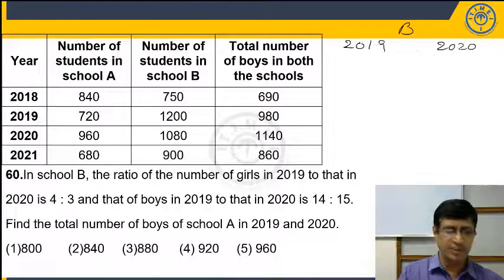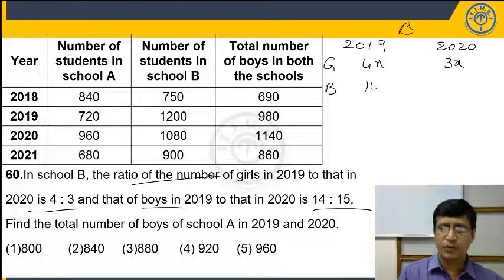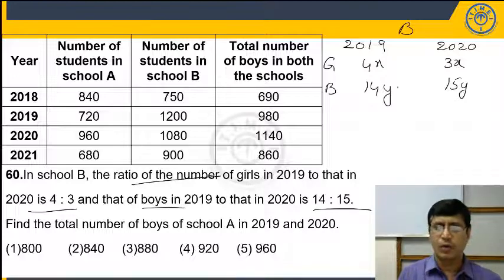The number of girls is in the ratio 4:3, means 4x and 3x. And what about the remaining data? The boys in 2019 to that of 2020 are in the ratio 14:15. 14 and 15. I am using another variable, that is y.